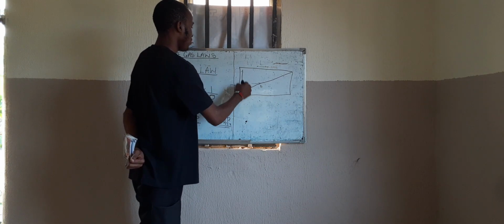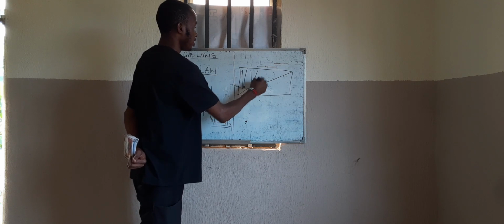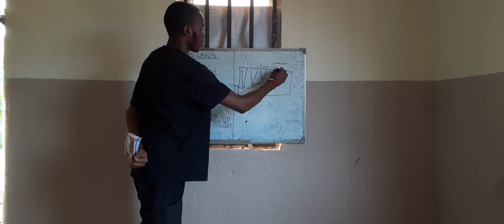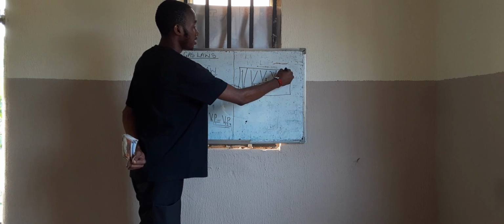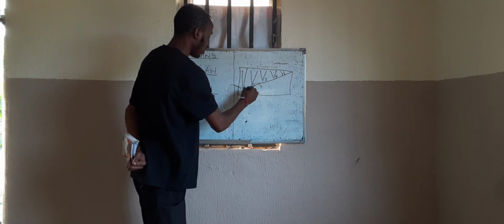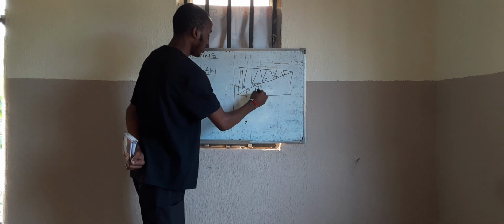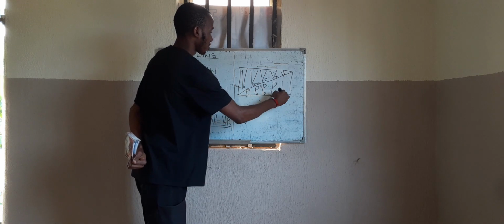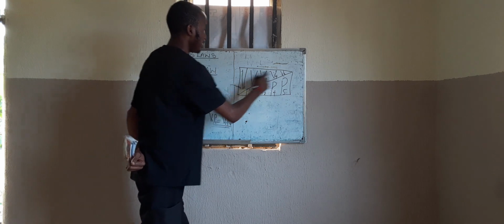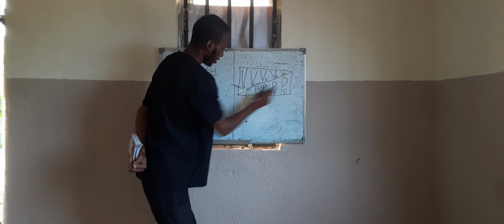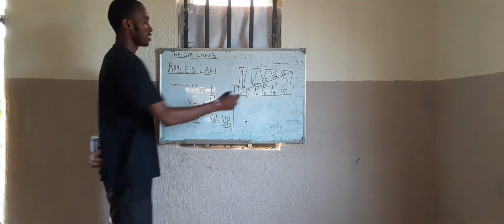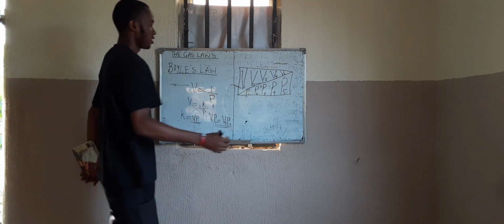The volume is decreasing while the pressure is increasing. Can you see that? As this one is decreasing, this one is increasing. So this is the graph for Boyle's law.